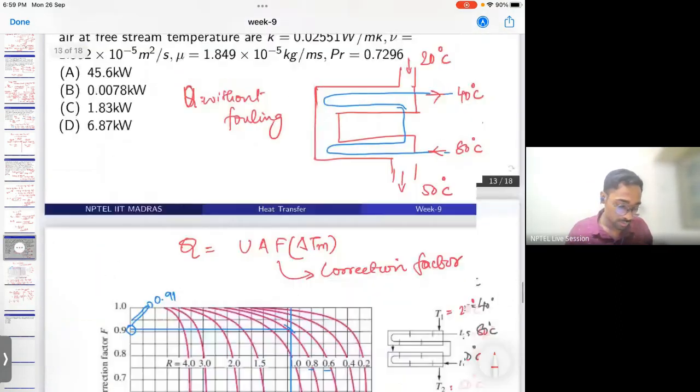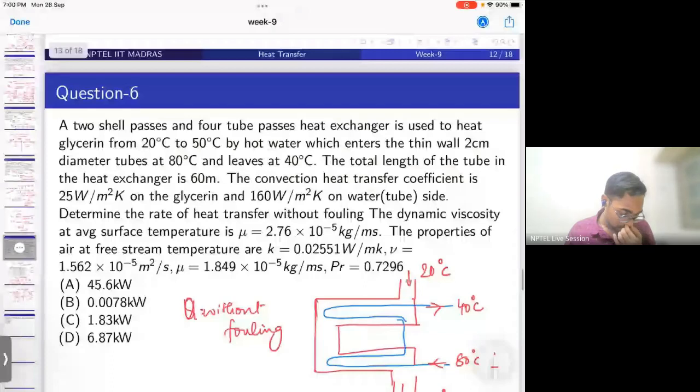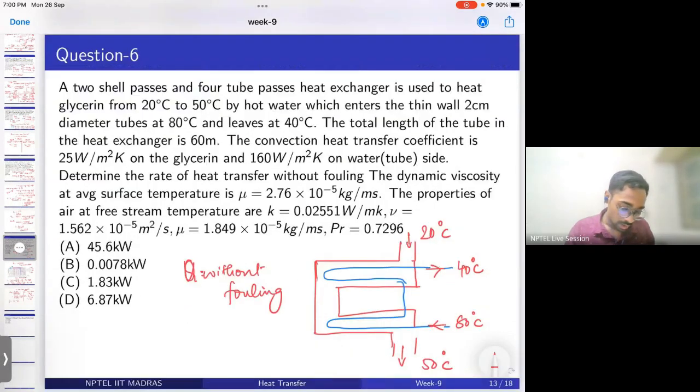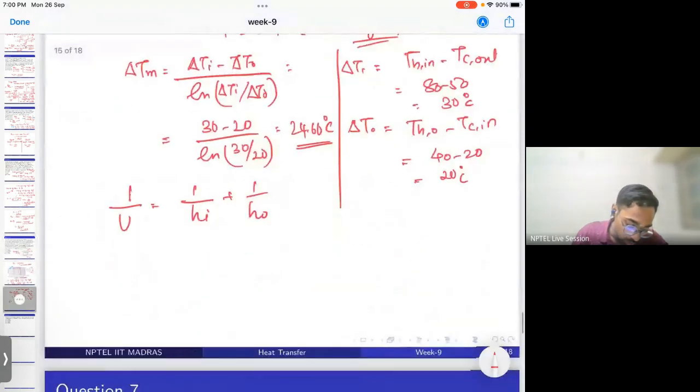In the question itself, it is given that we can consider the heat transfer without fouling. And it is also given as a thin wall, so we can neglect the conduction resistance.